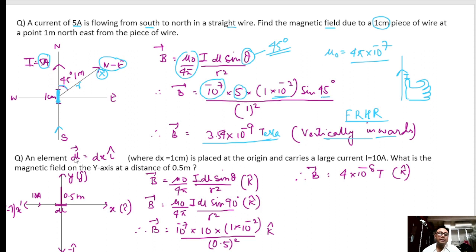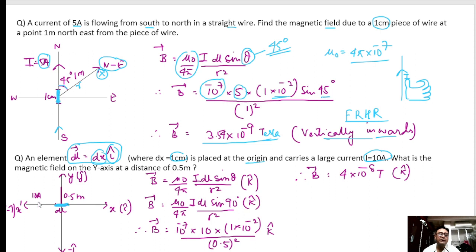Next question. There is a current element dl whose value is given as dx i, which means the current element is along the positive x-axis. The length of the element is 1 centimeter, placed at the origin, and it carries a current of 10 ampere.